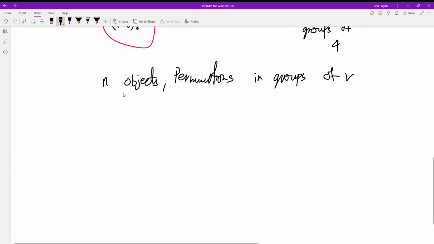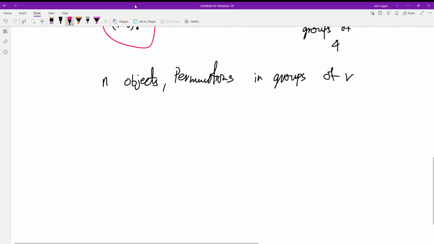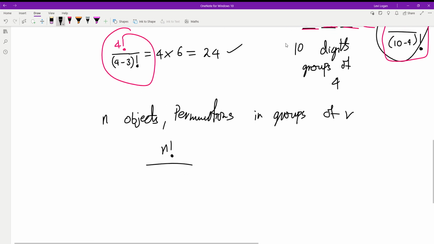So what we can see here is we start to get this pattern here. So up here we've got the number of objects at the top, and same up here as well. So we're going to go n factorial divided by our number of objects in both of them, so 10 here and 4 there. So n minus the number of choices or groups, so in this case R, factorial.